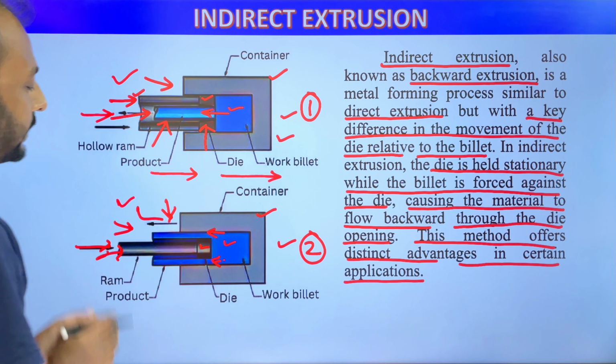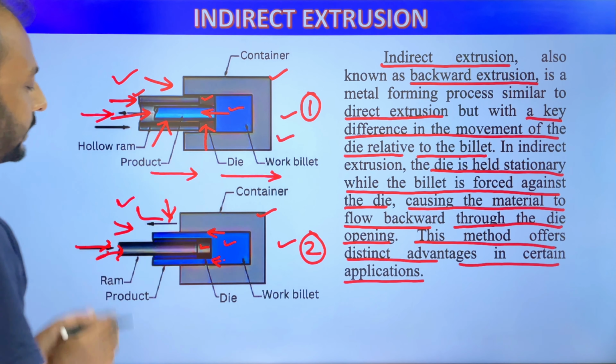So this is a much more difficult arrangement than the direct extrusion process. Next is limited shape. It is not as versatile as direct extrusion for producing solid shapes. So here we can't make the versatile shapes which were made in the direct or forward extrusion process.